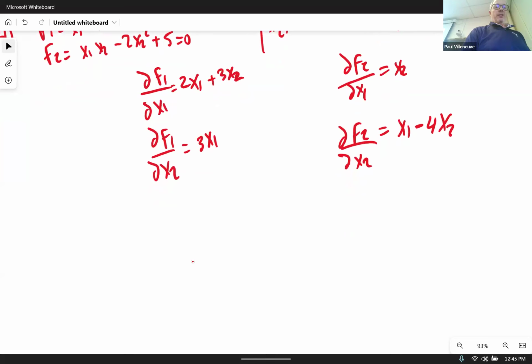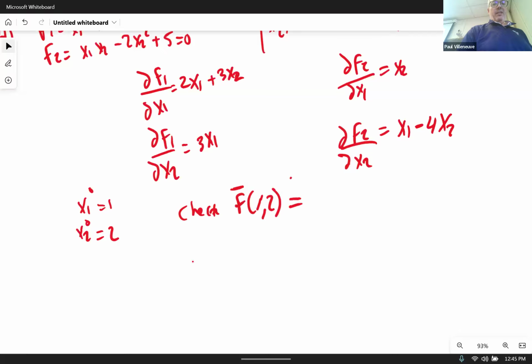Now, step one. You were given x1 and x2 for your first guess. Check F, and I'll put a matrix here, of 1, 2. Does that equal 0? It didn't. So then you had to go through and do one iteration.